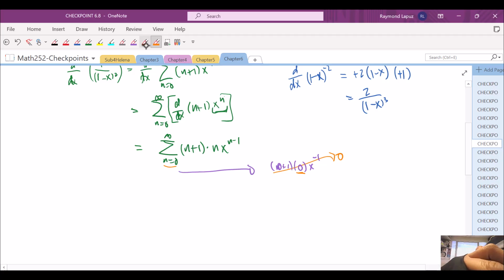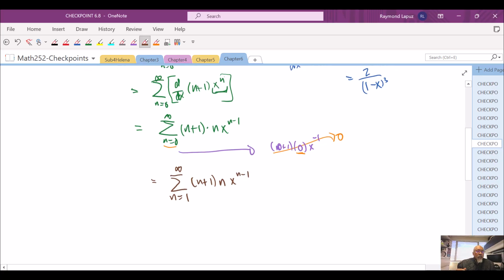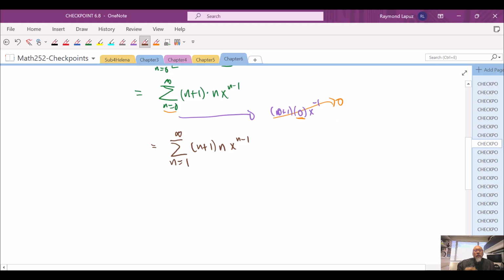So I can rewrite this as the series n goes from 1 to infinity of (n plus 1) times n times x to the n minus 1. You can leave your answer like this, or if you really do want to start from 0, then we can do an index shift, and an index shift allows us to start at the right place.